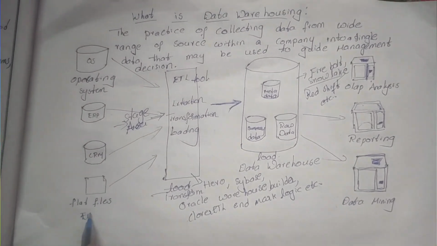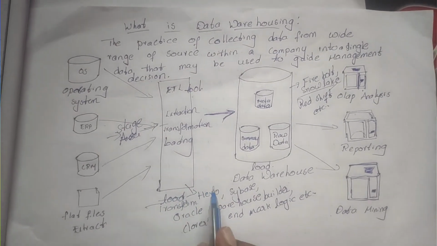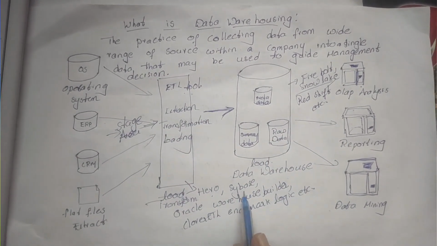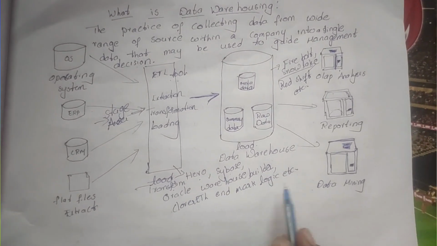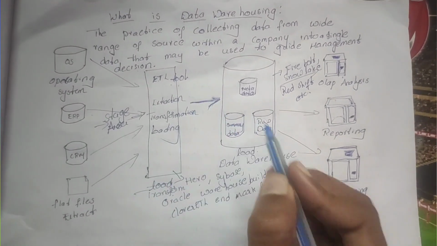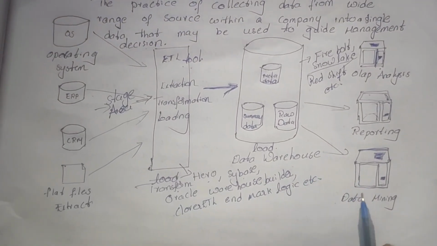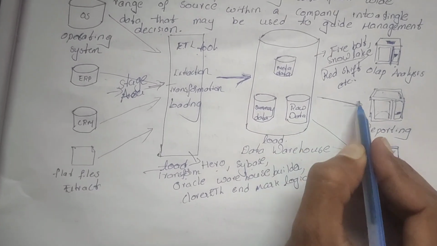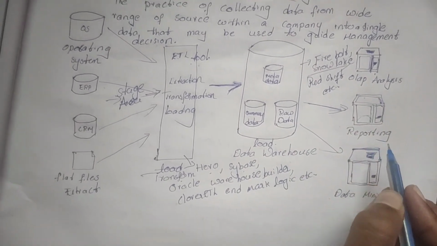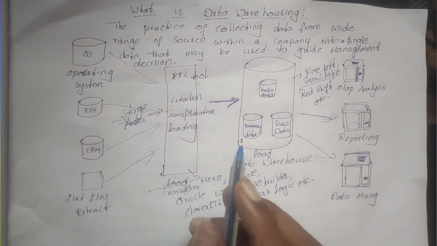First, extract the data, and then by using the ETL tools like Hevo, Sybase, Oracle Warehouse Builder, Clever ETL, and MarkLogic, it will load into the data warehouse like Firebolt, Snowflake, etc. After that, the data loaded into the data warehouse is useful for OLAP analysis, reporting, and data mining process. Next, we'll check what are the characteristics involved in data warehouse.